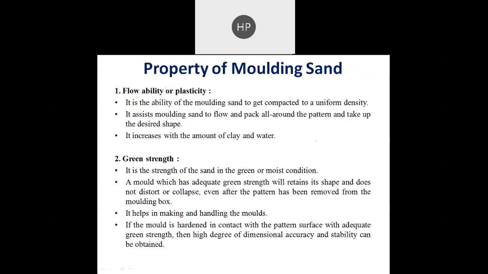Then, as we talked earlier, the molding sand has certain properties, so all these properties we are going to discuss one by one. First, flowability or plasticity. It is the ability of the molding sand to get compacted to a uniform density, because we fill the sand all around the pattern.